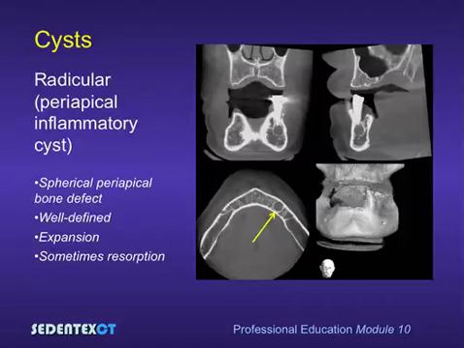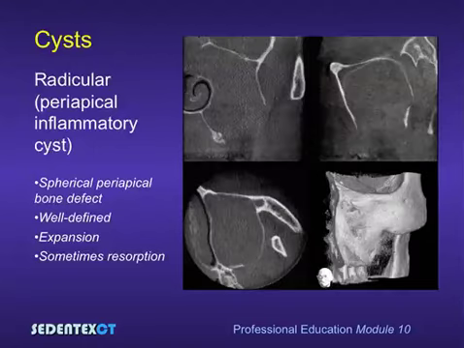This is very familiar to the dentist from conventional radiography, and the difference on cone beam CT scans is simply that our round lesion on a two-dimensional image becomes a spherical periapical bone defect. It is well defined, expansile, and sometimes causes resorption of adjacent teeth.